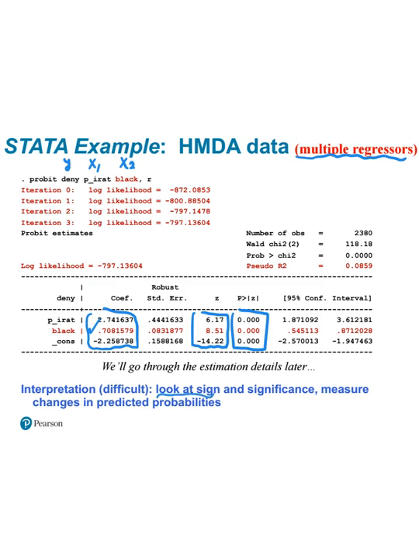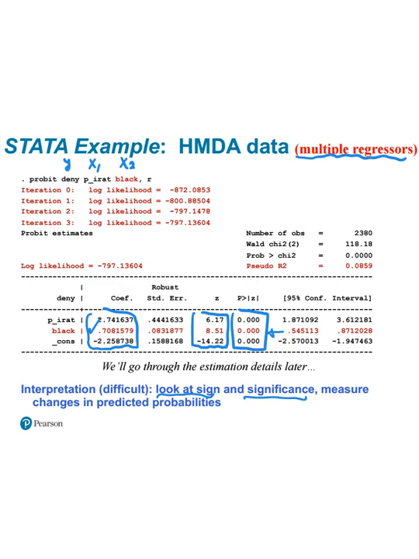The sign is positive, which means being a black applicant is going to increase your probability of being denied, and whether or not this variable is significant. And because the p-value is 0.000 here, then at the 1% level, we can say that indeed, yes, this variable is significant.